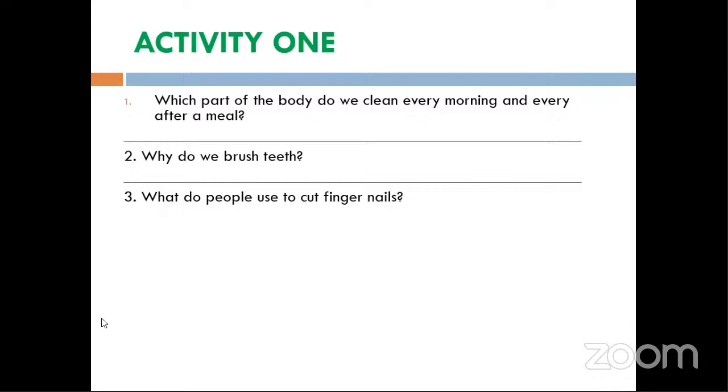So here we have two items that we use to cut our fingernails: the nail cutter, and then you can also use a razor blade. Some of our friends, Abdul, is having an internet problem, so he's really affected.